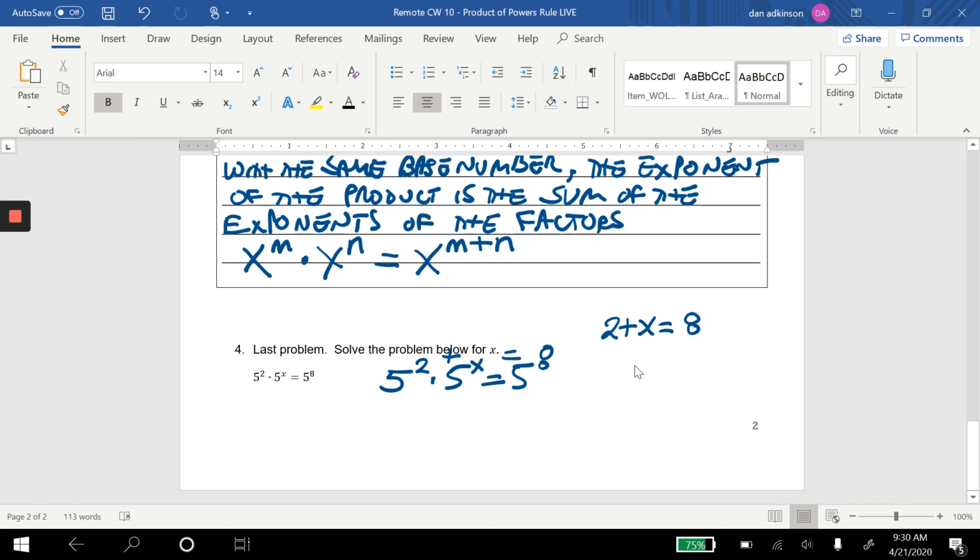And then we can use an inverse operation, minus 2 equals minus 2. Now we've got x equals 6. And that means 5 to the second power times 5 to the sixth power, since x equals 6, equals 5 to the eighth power. And that makes sense because 2 plus 6 equals 8.